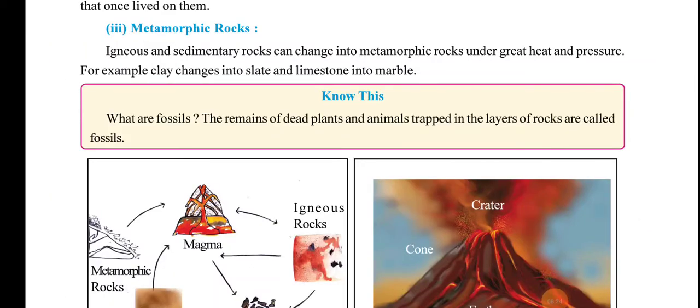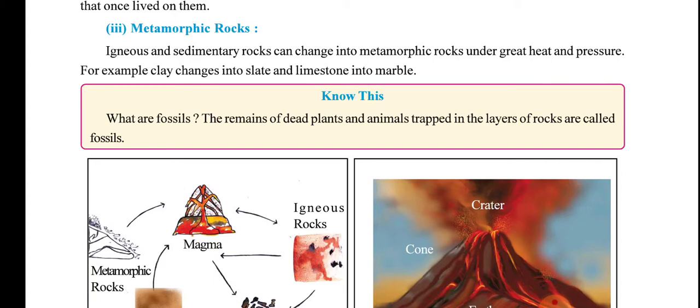Then metamorphic rocks, the third type. Igneous and sedimentary rocks can change into metamorphic. Igneous plus sedimentary is equal to metamorphic, under great heat and pressure. For example, clay changes into slate and limestone into marble.